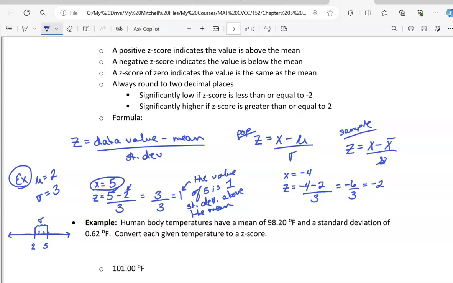So what that's telling us is that the data value of -4 is 2 units below the mean. Below because we ended up with a negative value. Instead of saying units, I'm going to say standard deviations, because that's what this is really measuring.